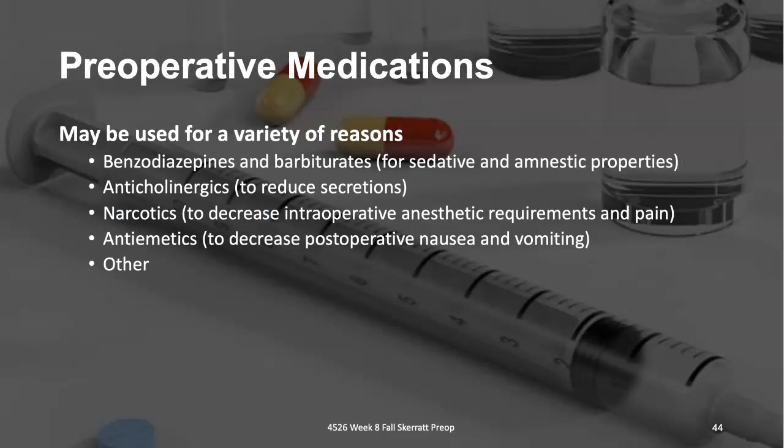Preoperative medications may include a benzodiazepine or a barbiturate for sedative and amnesic properties, anticholinergics to reduce secretions, opioids or narcotics to decrease intraoperative anesthetic requirements for pain, antiemetics to decrease postoperative nausea and vomiting, and any additional drugs such as antacids, antibiotics, eye drops, and routine prescription drugs, for which you will get an order from an anesthetist to tell you which drugs can be given prior to surgery.